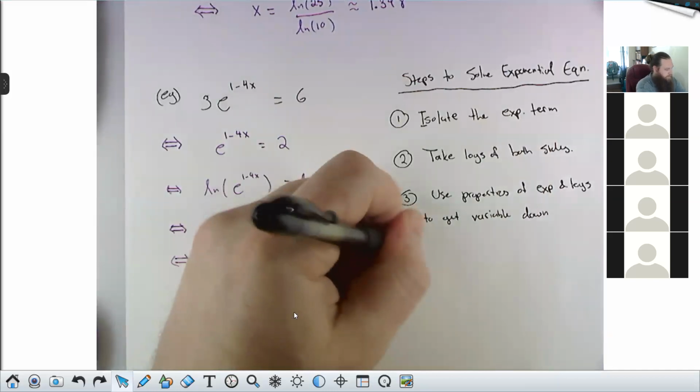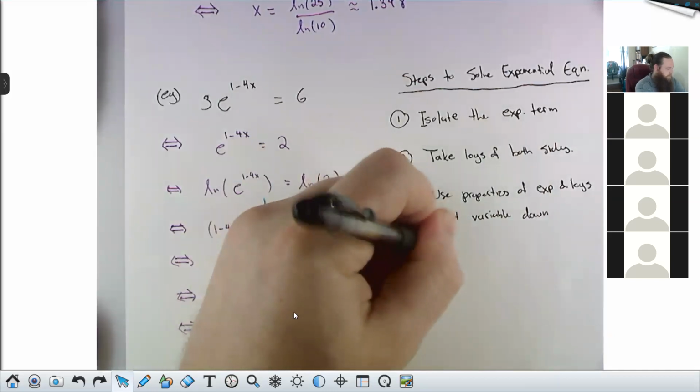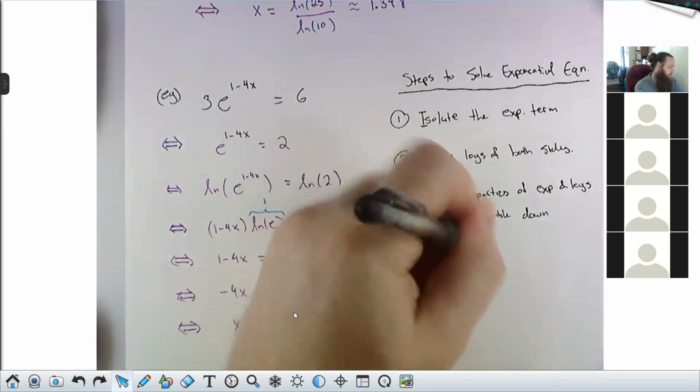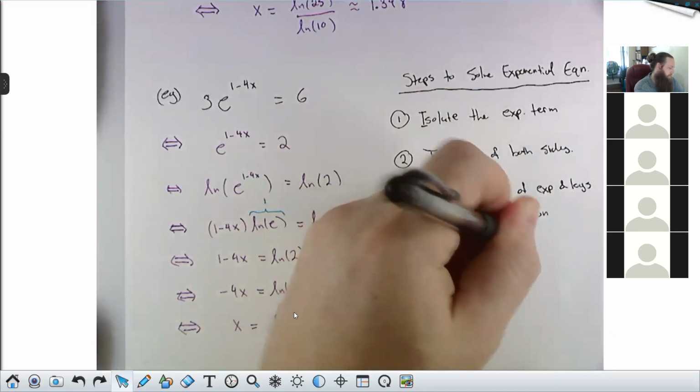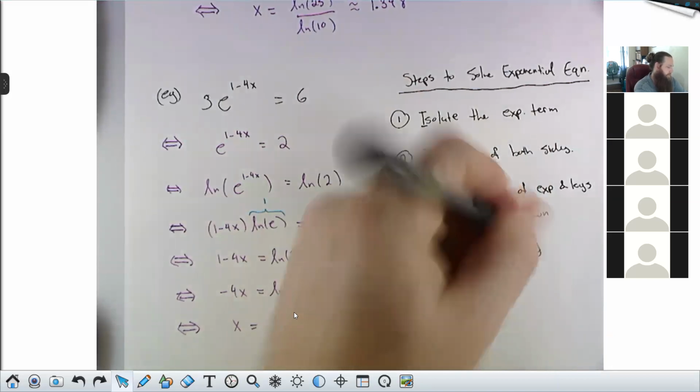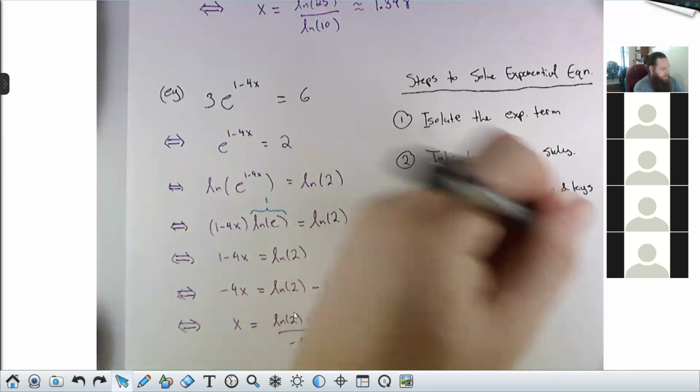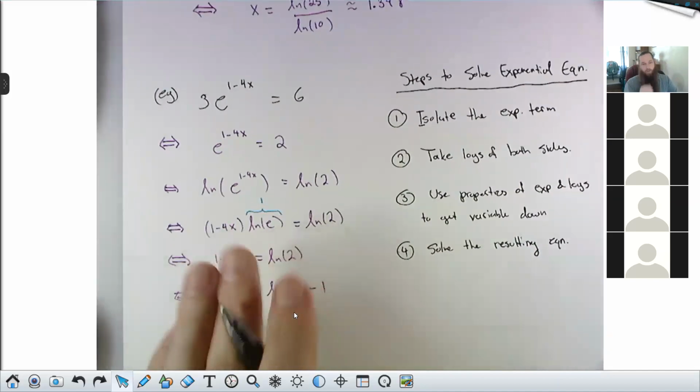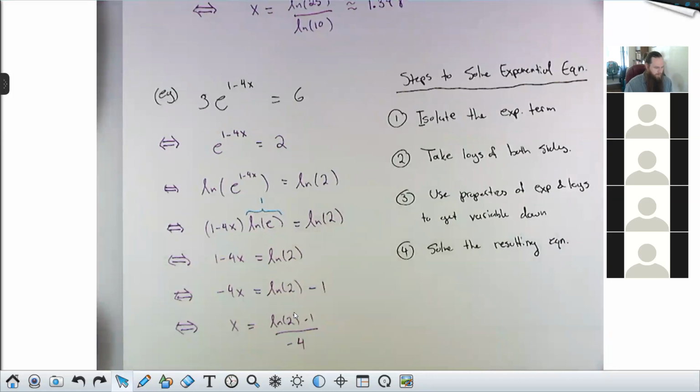And then 4, solve the resulting equation. Sometimes that resulting equation is going to be super simple, like the ones we've seen. In theory, it could be a quadratic, or it could be some other polynomial. It could be a rational equation.